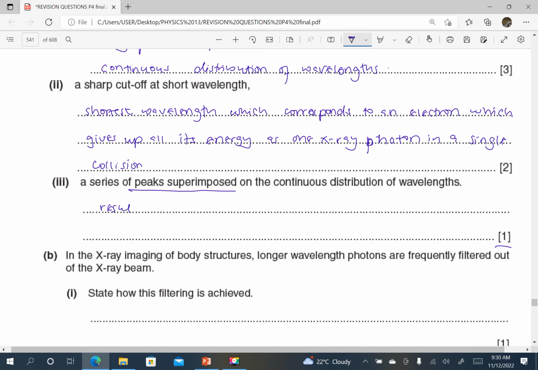Results from de-excitation. From the excitation of orbital electrons in atoms of the metal target.